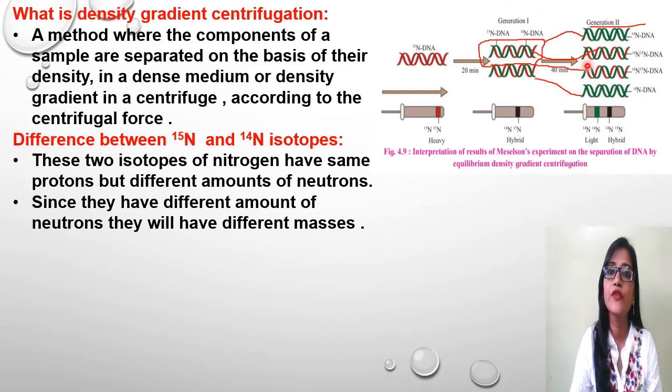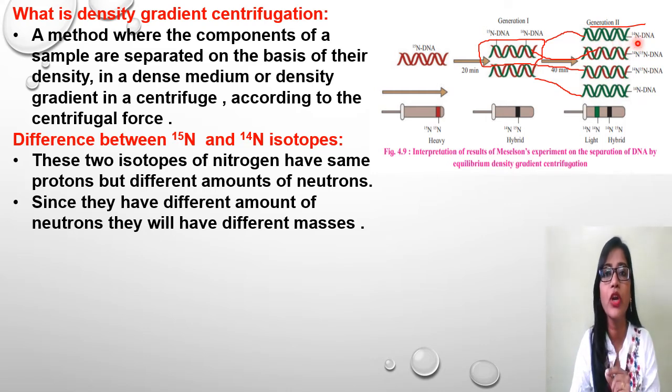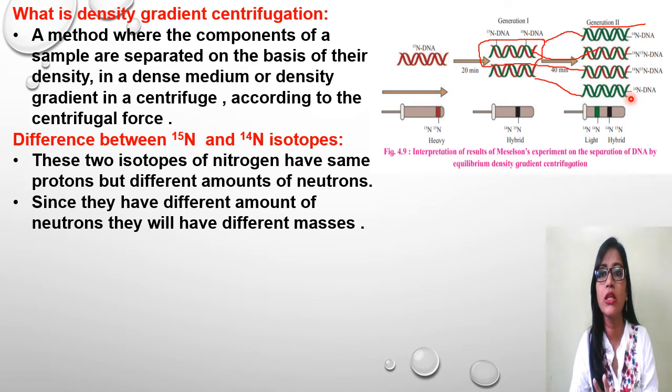Out of all these four diagrams, you will observe the difference. This green colored strand contains only N14 DNA. These two contain N14 and N15 isotopes. These two are hybrids, while the third one is N14 DNA. So there are chances of getting only two types of bands.